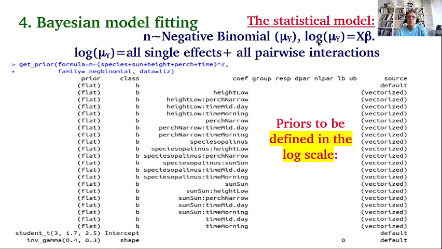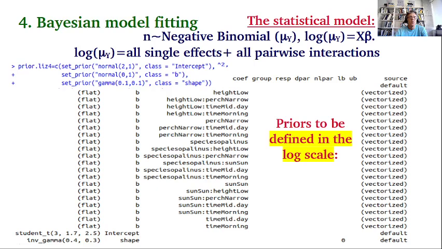I'm going to use the command get_prior of the package BRMS to see the priors that need to be defined on the log scale. So I'm going to define priors for the intercept.